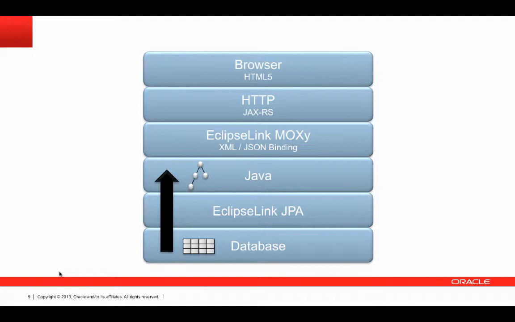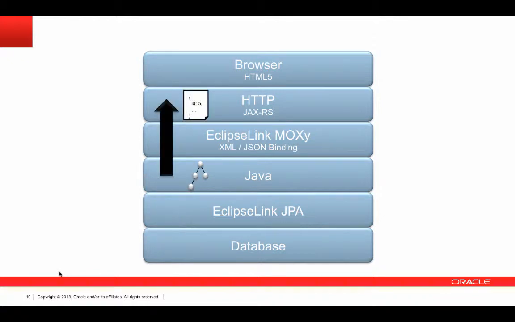So what we're looking at here is really the flow of data from the database mapped into the object structure of the Java EE application using EclipseLink JPA. And then, included with custom logic and transformation, we can get this information into XML or JSON documents, which become the JAX-RS resources that the browser is going to deal with.